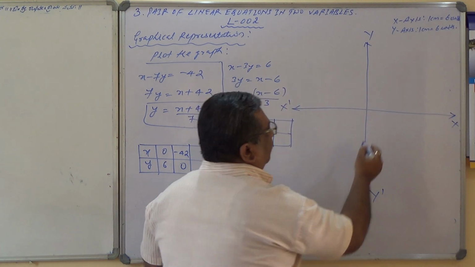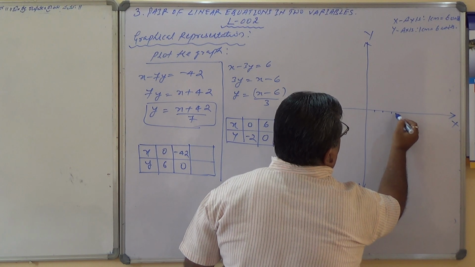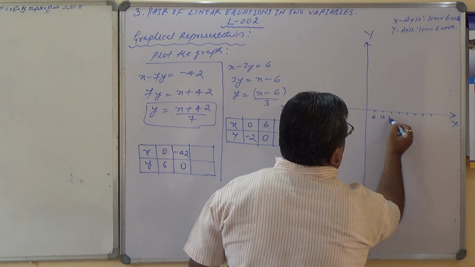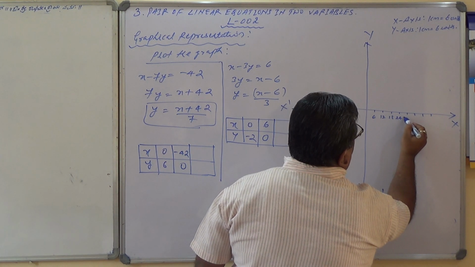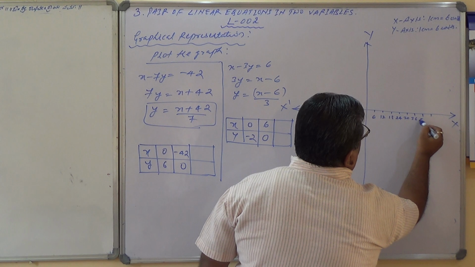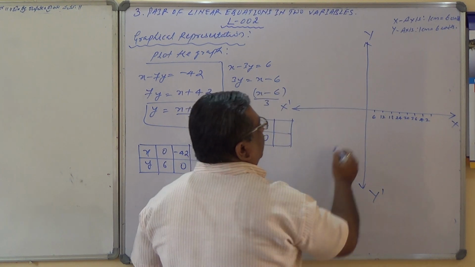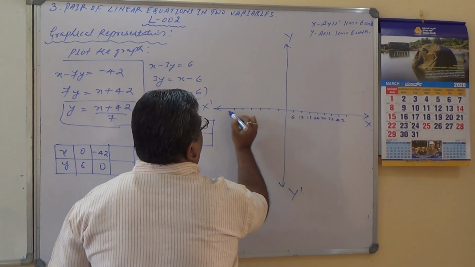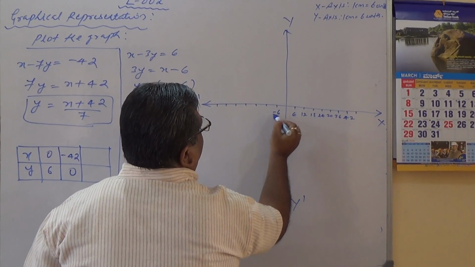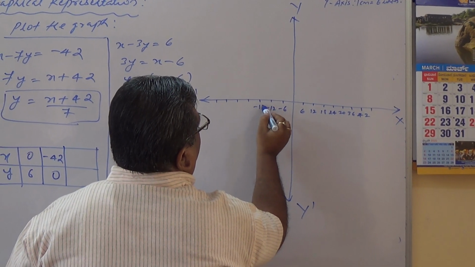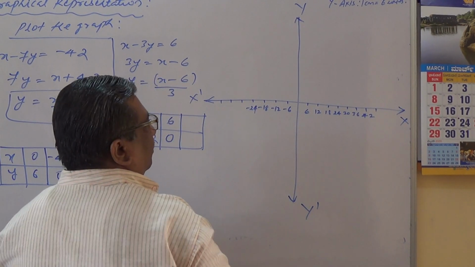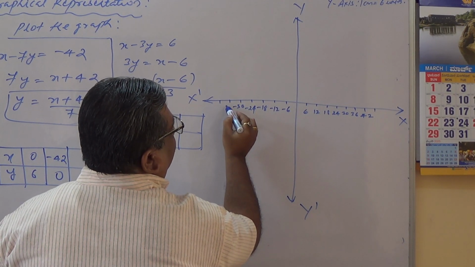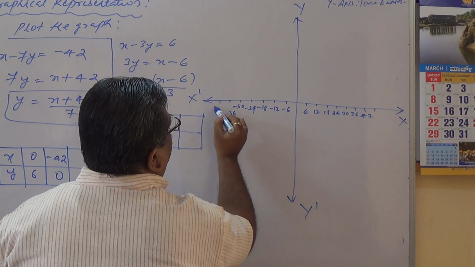Okay, let's see. Similarly, minus 6, minus 12, 18, 24, minus 30, minus 36, minus 42.